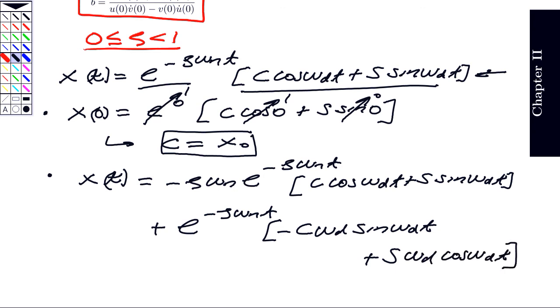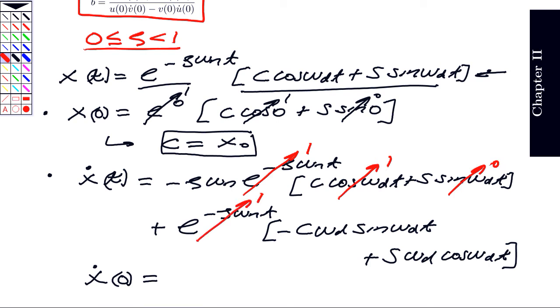And so whenever I evaluate x dot, this should be a dot here, evaluate the x dot at time equal to 0, we see that the exponential becomes a 1, the cosine becomes a 1, sine becomes a 0.